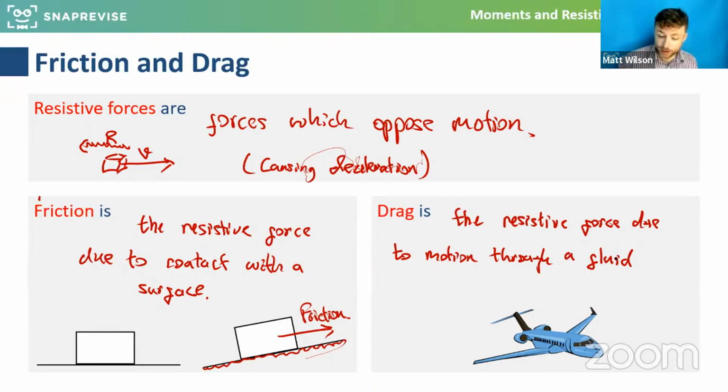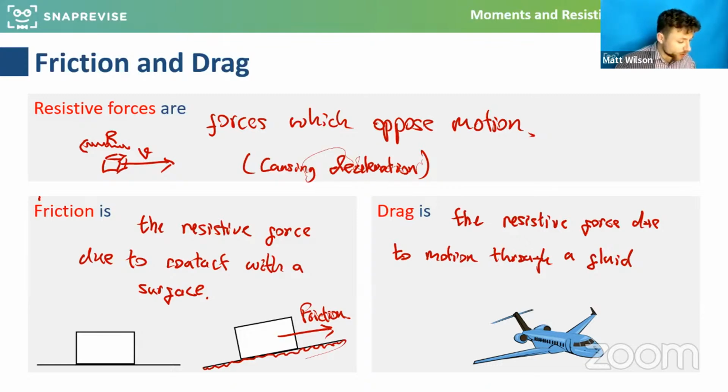So fluid is a technical term here. Fluid is a word that we can use if we want to say either liquid or gas. So if you're moving through water or you're moving through air, either way you're moving through what we call a fluid. And in either case, you would feel a resistive force. You'd feel more in the case of water, but in either case, you'd feel a resistive force. And that resistive force from moving through a fluid is called drag.